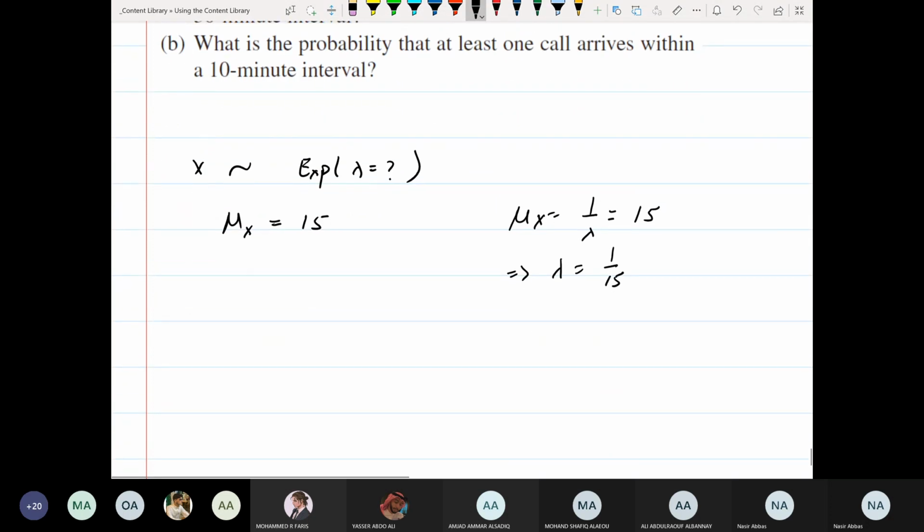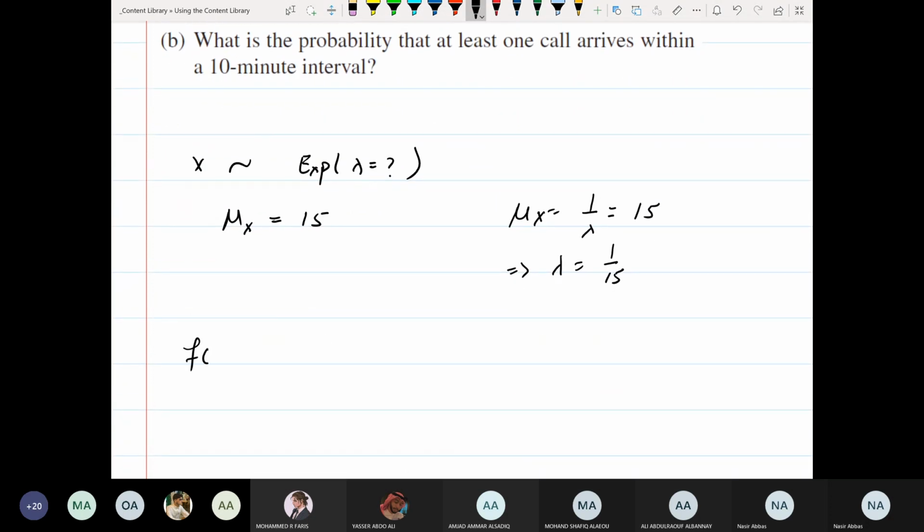So your x follows an exponential distribution with lambda equals 1 over 15. This is the probability density function: lambda times e to the power minus lambda x, with lambda being 1 over 15.